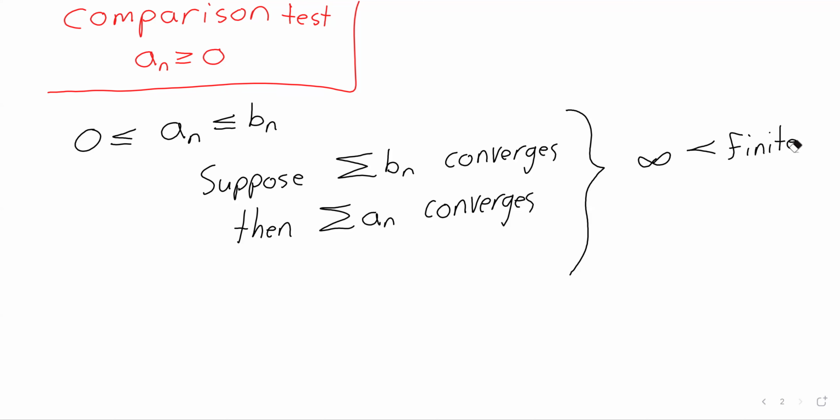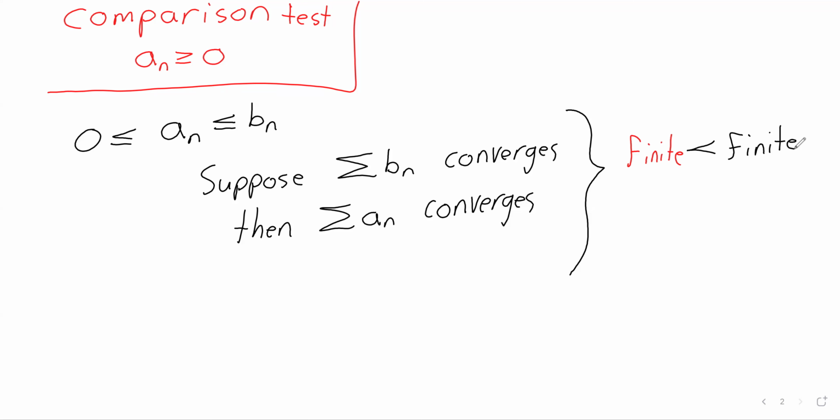So if we know that this b sub n is finite, then a sub n also has to be finite.